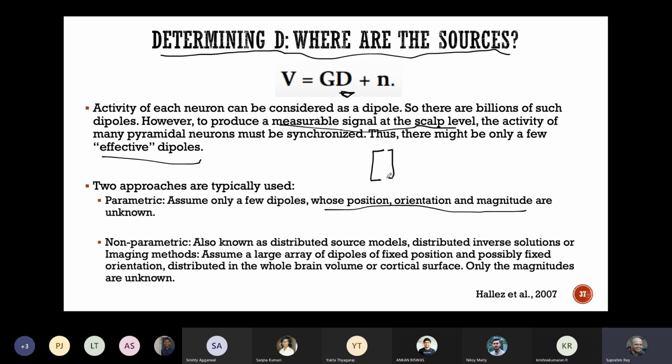This is a column vector, it's a 64 cross 1. Let's just think about one time point. It's a very small matrix. It will only have, let's say, 3 dipoles, so 9 different elements.